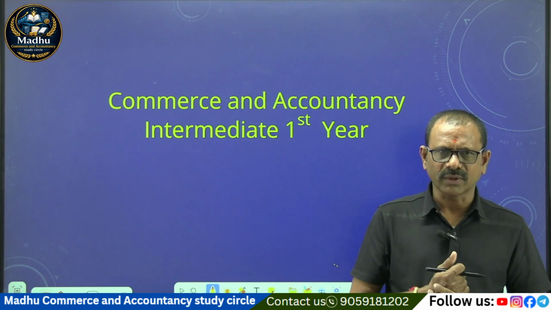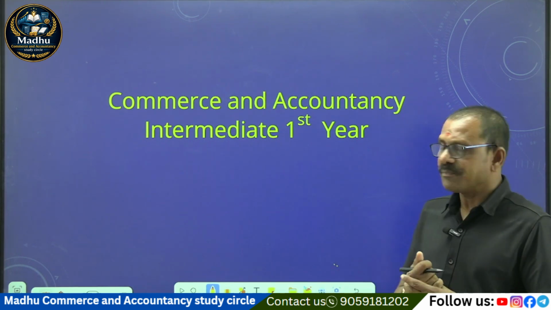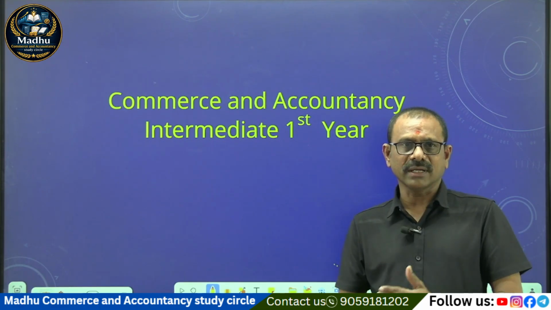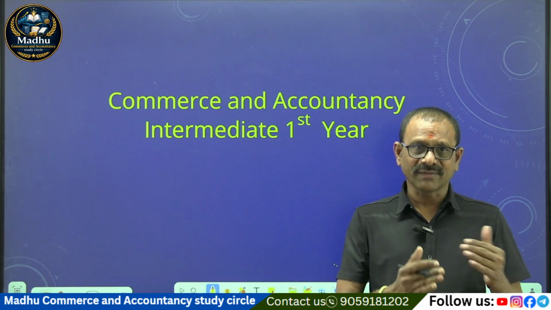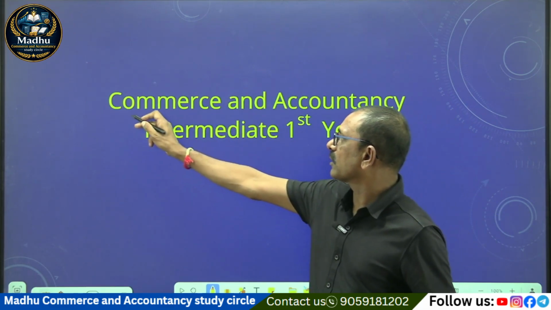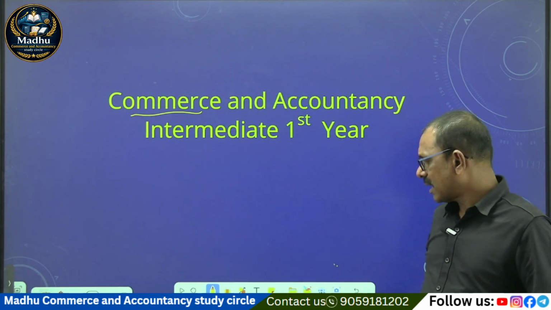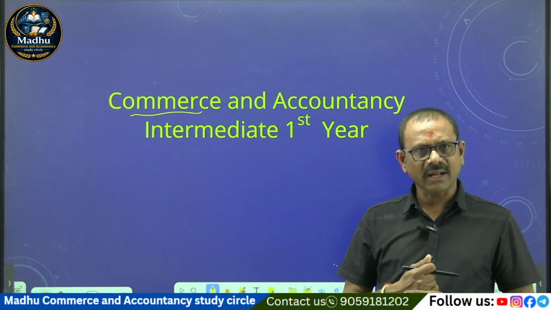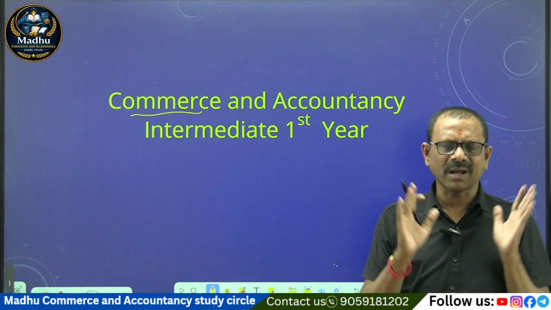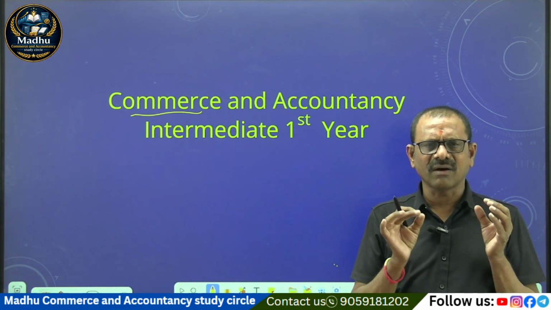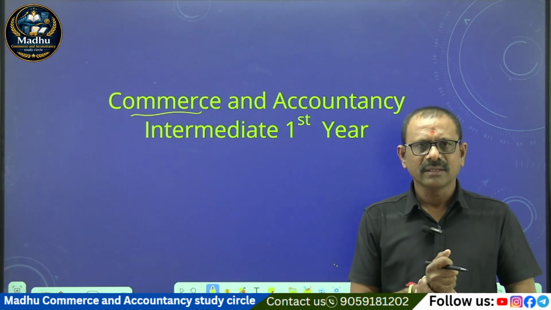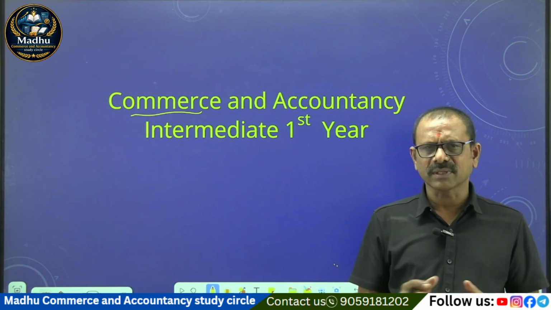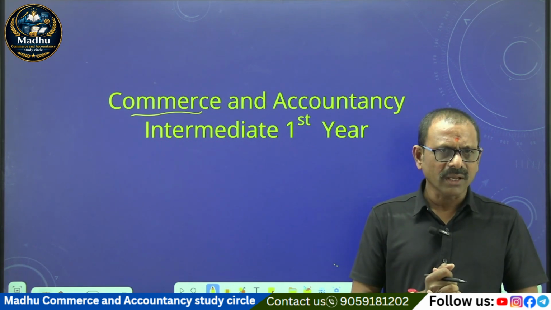Up to question 17 is commerce only, and questions 18 to 32 are from accountancy. Spend half an hour every day, and in the last week before the examination you will surely get pass marks.